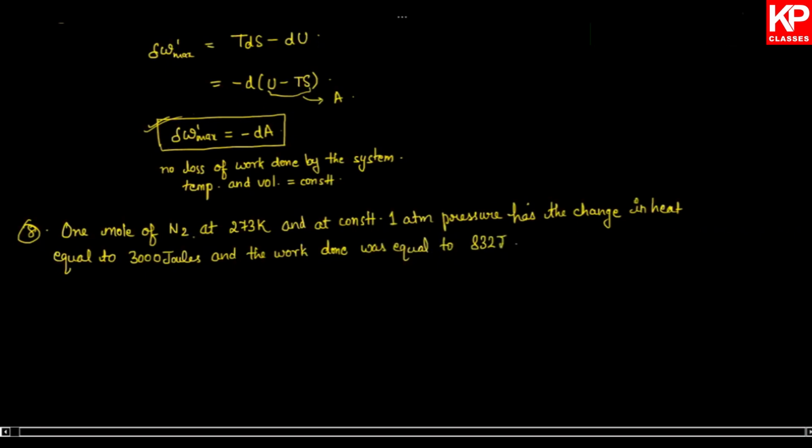So there is 1 mole of nitrogen gas in the system, kept at 273 Kelvin, with a constant 1 atm pressure applied over the system. The change in heat is 3000 joules, and the work done was 832 joules. You have to calculate the following.